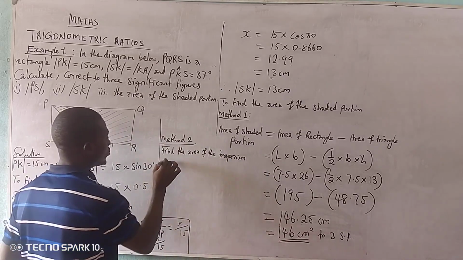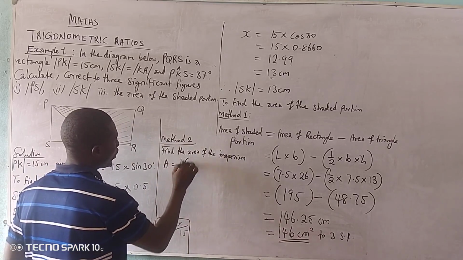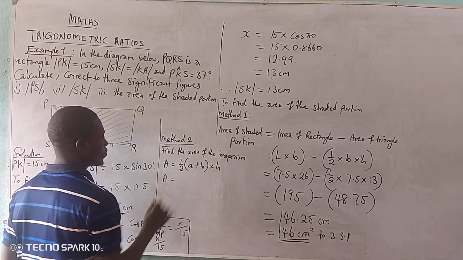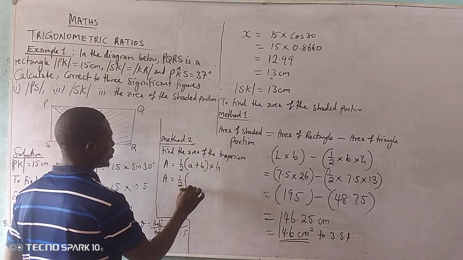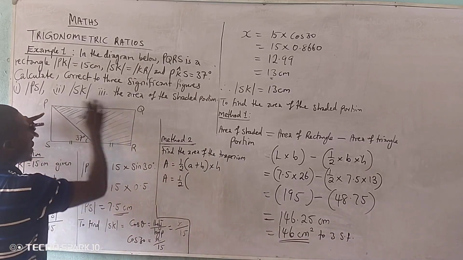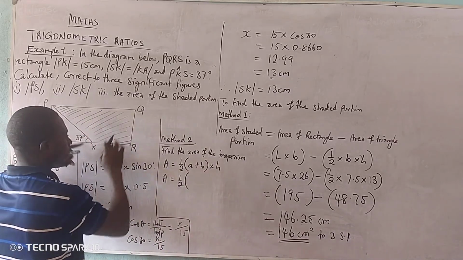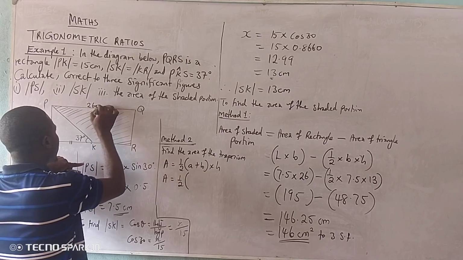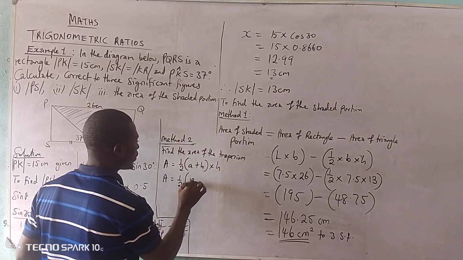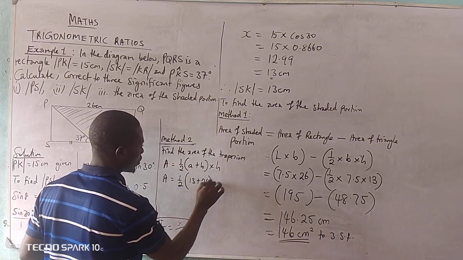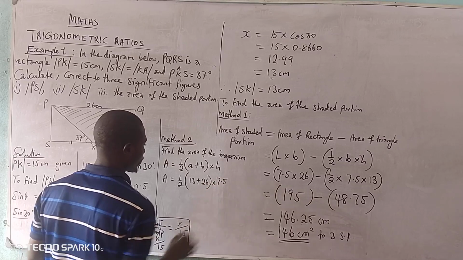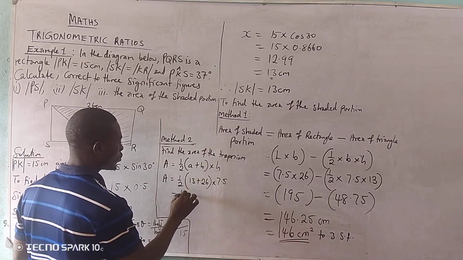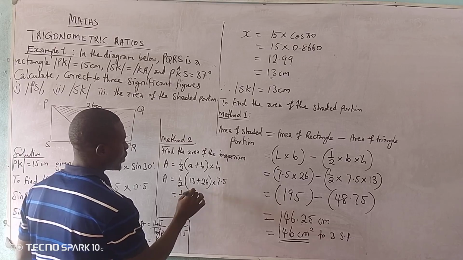We know that the area of trapezium is equal to 1 over 2 into a plus b times height. So area of trapezium is 1 over 2 into a plus b, where a and b are the parallel sides: here is 13 cm, and this is 26 cm. So we have 13 plus 26 times 7.5. Solving the bracket, 13 plus 26 gives us 39.